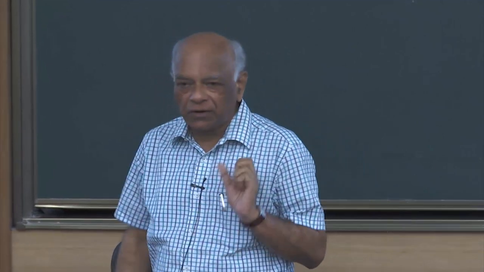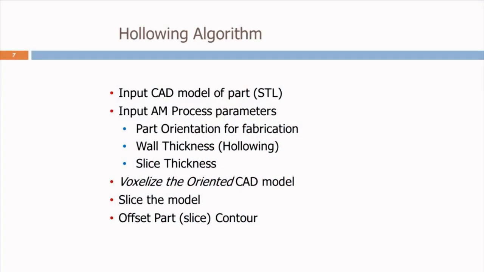So we will talk of the hollowing algorithm. We have explained the process. What is hollowing? It is basically imploding the external profile in a layer. First it inputs the CAD model. Then from the user it takes the parameters. What is the part orientation for fabrication? To begin with, it has to do that. But as we'll put into the second module, which is the module for optimum part orientation, this will be automatically coming from the second module.